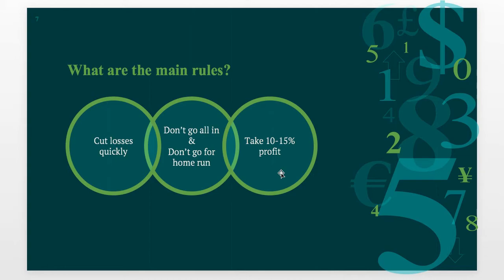And if you have a small account, you need to take that profit and wait for the next opportunity to invest your principal plus that profit into the next opportunity. So don't waste your time. Always take 10 to 15% profit and then sit back and wait for the next opportunity.